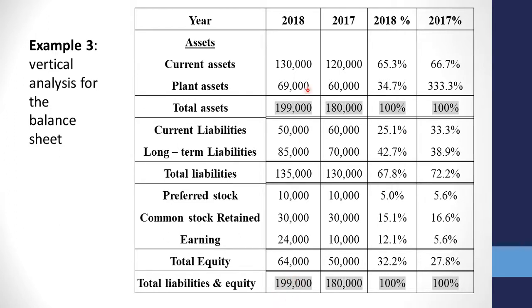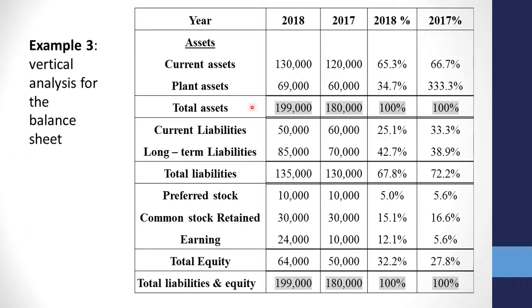This means that we are going to divide the current assets, 130,000, by 199,000, which equals 65.3%. You divide 69,000 by 199,000, multiply by 100 to get 34.7%. 50,000 divided by 199,000 and multiply by 100% to get 25.1.